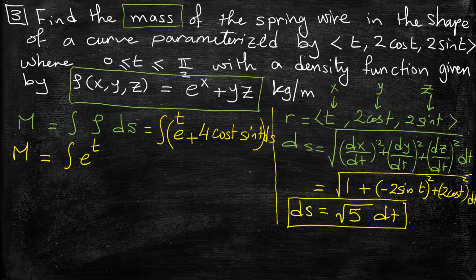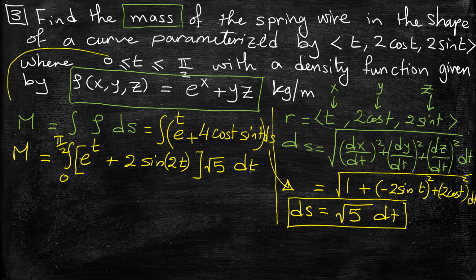This one will be e power t, and this 4 cosine sine is nothing but 2 sine 2t, and then this ds here is root 5 dt, and t is given from 0 to pi over 2, which we can find here.